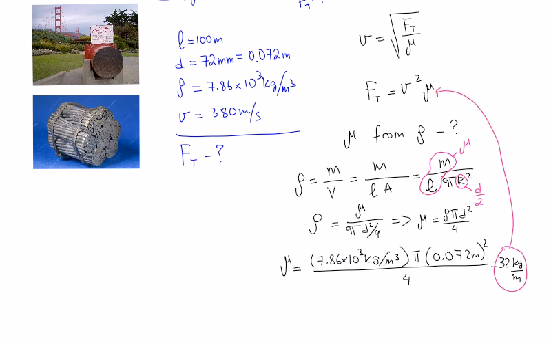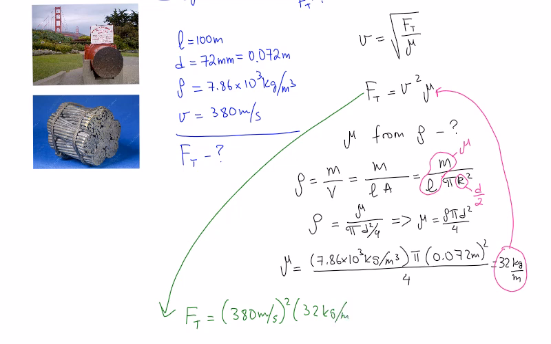Now I can take this value and plug it into my expression for the force of tension. So let's write this in a different place with the numbers in. The force of tension equals the v of 380 meters per second squared times the mu of 32 kilograms per meter.